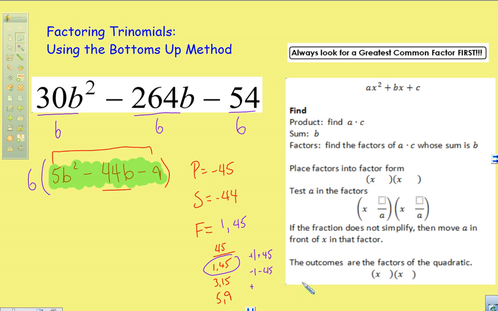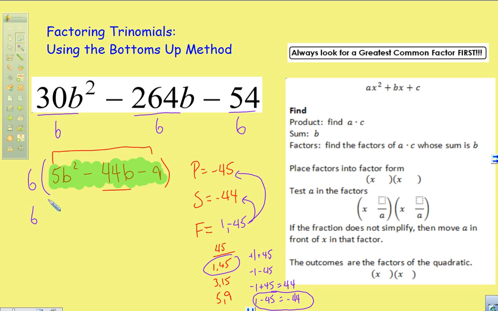Let's go negative 1 and positive 45, but that gives me positive 44. So I could try positive 1 and negative 45, and that gives me negative 44. So it looks like the winner is going to be positive 1 and negative 45. When I add them together, I get negative 44. When I multiply them together, I get negative 45.